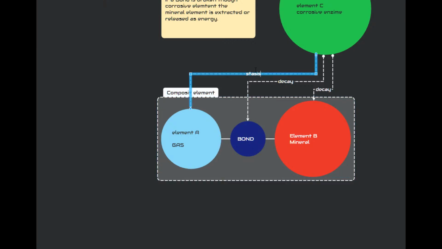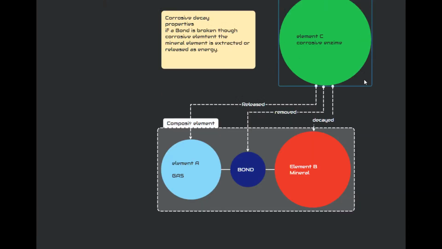So no, released. Okay, so if you use a corrosive element on, say, a material like an acid, right? So what's going to happen is that the material element is going to be decayed. You're going to lose the yield of it.